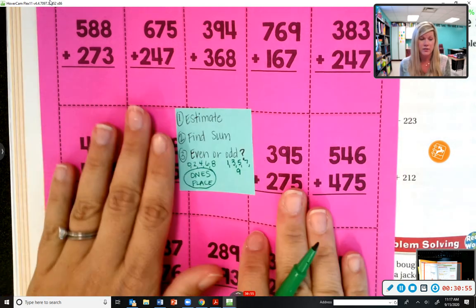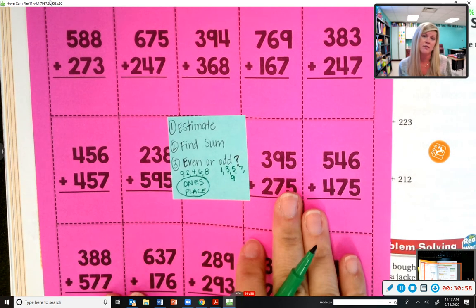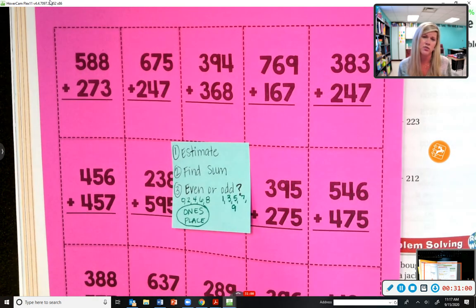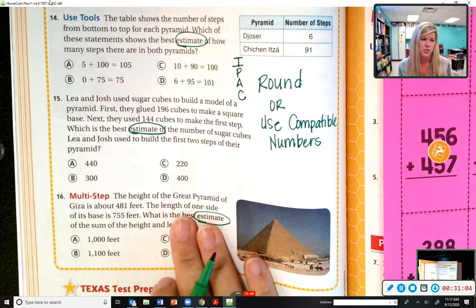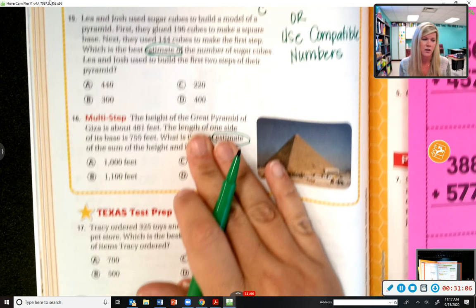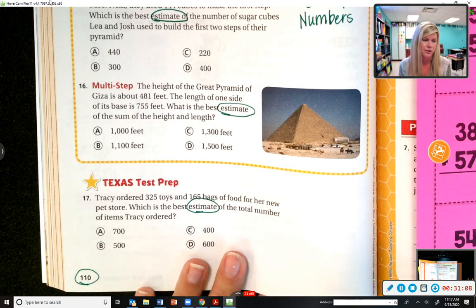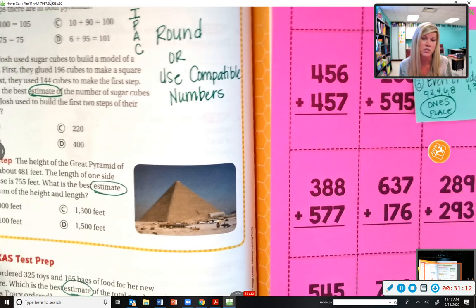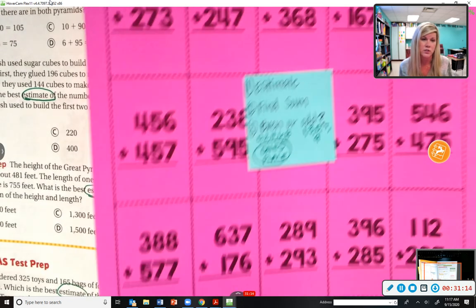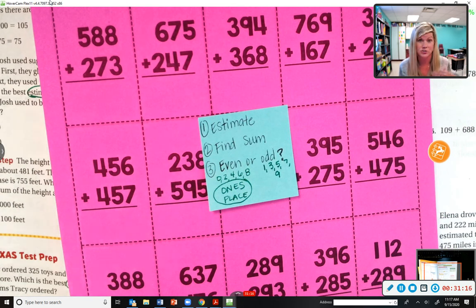You're going to do the steps that I explained on this pink sheet that you see here. And you're also going to post a picture of your work that you did on page 110, okay? Very important that you follow all the directions and do what you're supposed to do so I don't have to send it back to you and you have to do it all over again, okay?